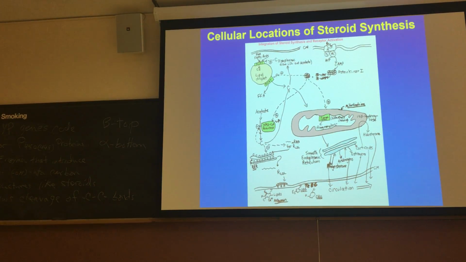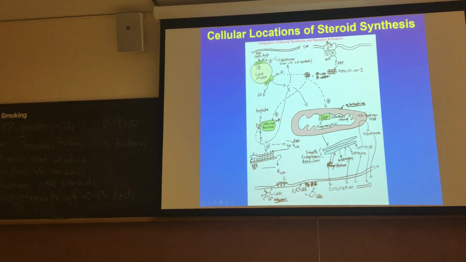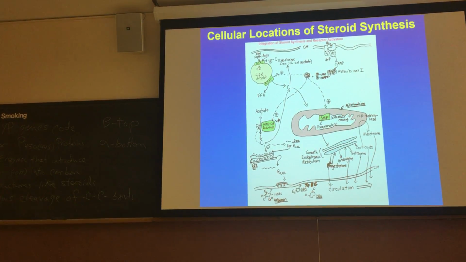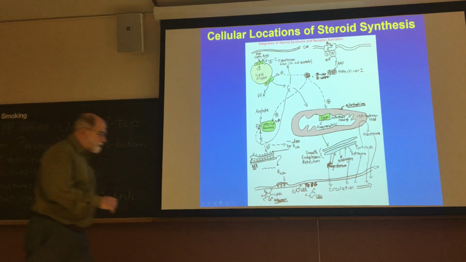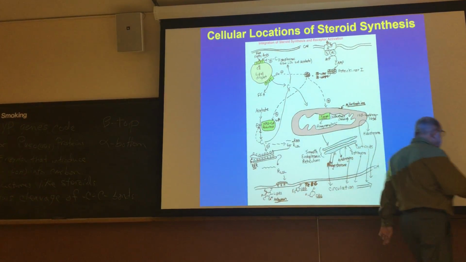So you get what's called a cholesterol ester. And this enzyme is something called acylcholesterol acyltransferase. And so ACAT, I need to draw a picture of what ACAT does.